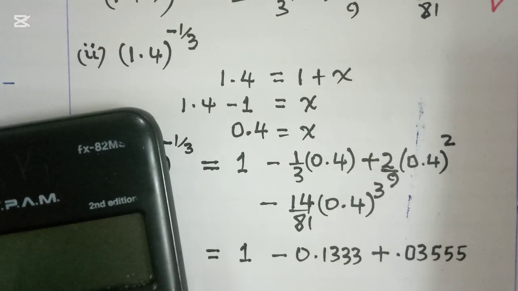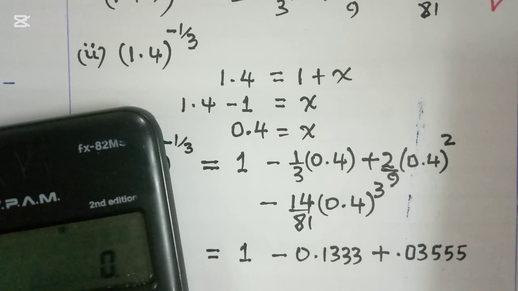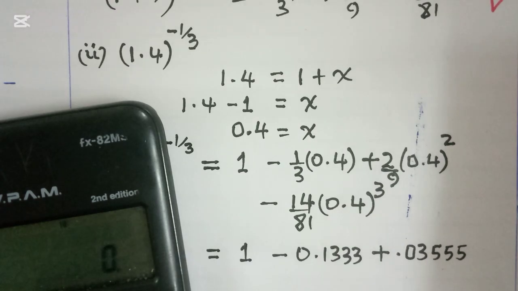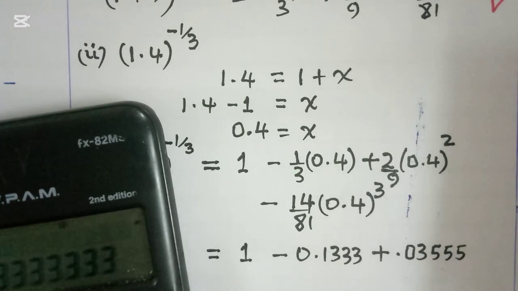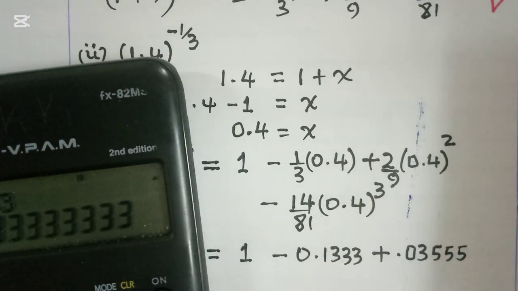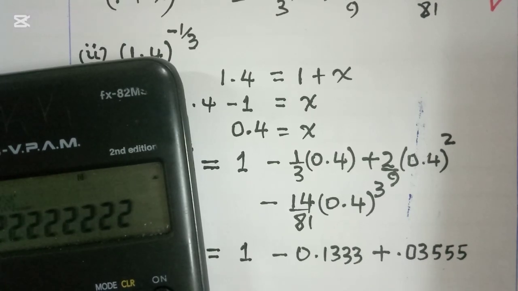Maybe we can confirm those figures because there is little time left. So that will be 0.4 for this one. 0.4 divided by 3 gives us 0.013. Then we go to this other one, that is 2 divided by 9, we multiply by 0.4 times 0.4.